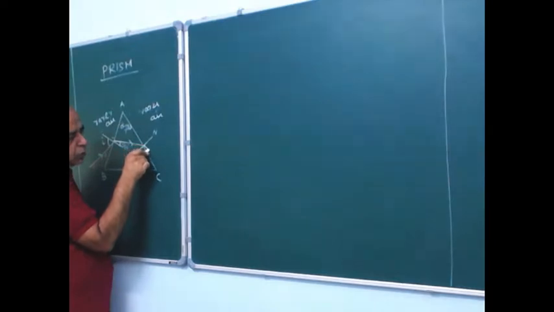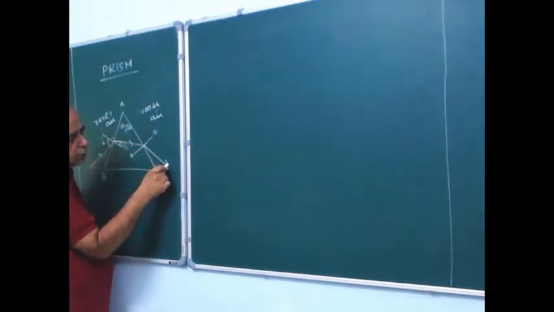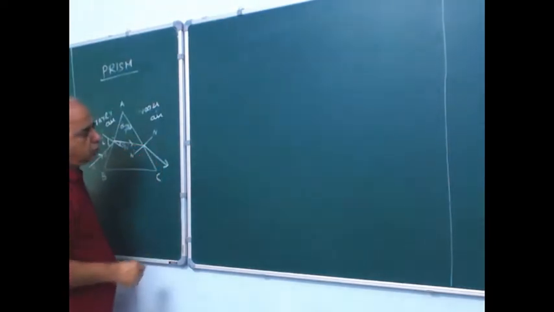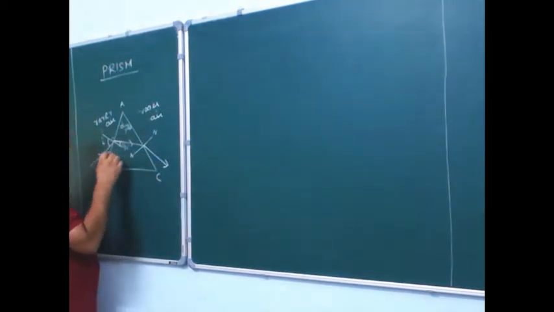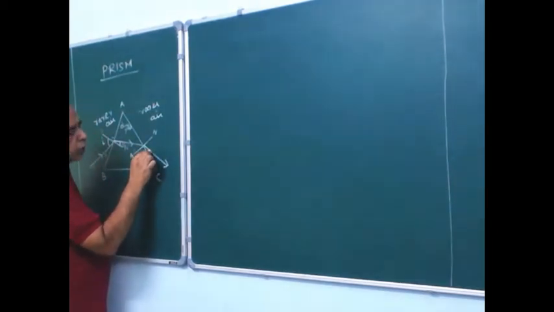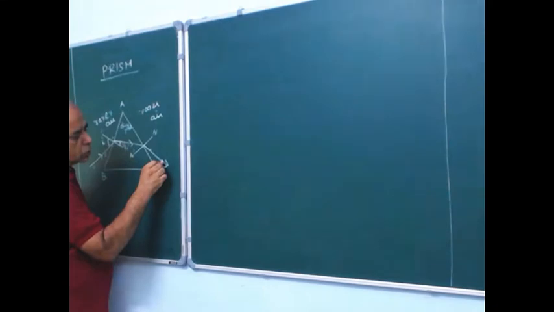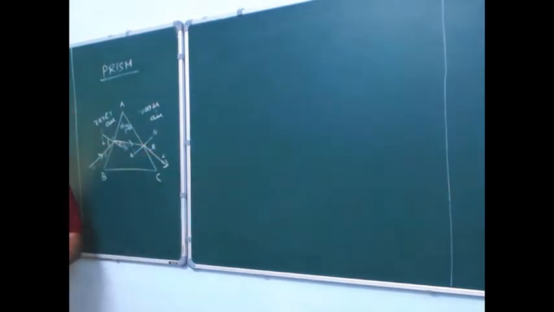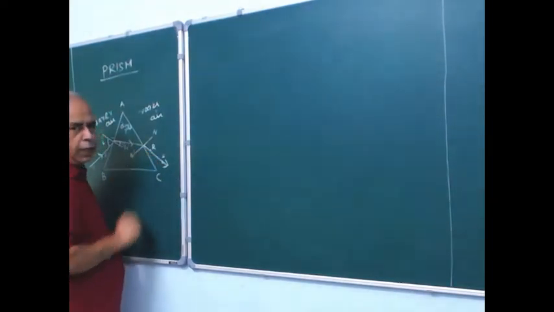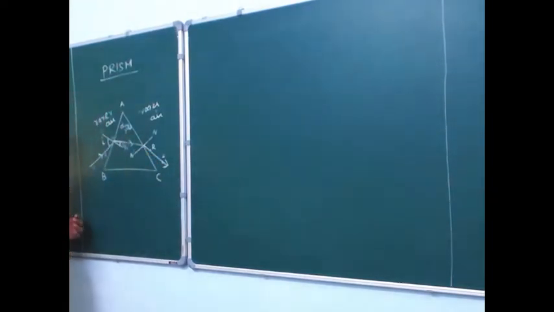It should travel like this, and this is called the emergent ray. If it is PQ, you can put this as RS also. So RS is called the emergent ray, and PQ is the incident ray.